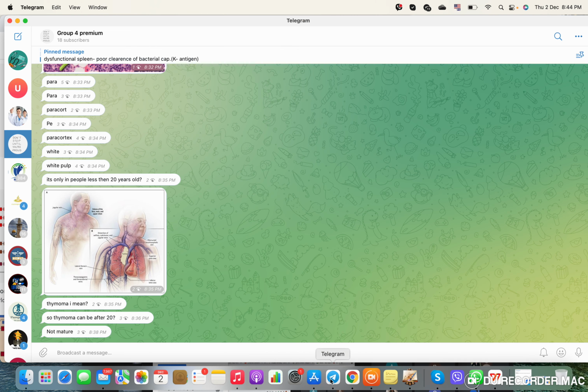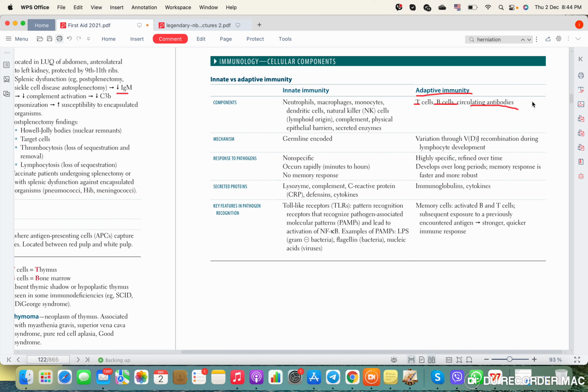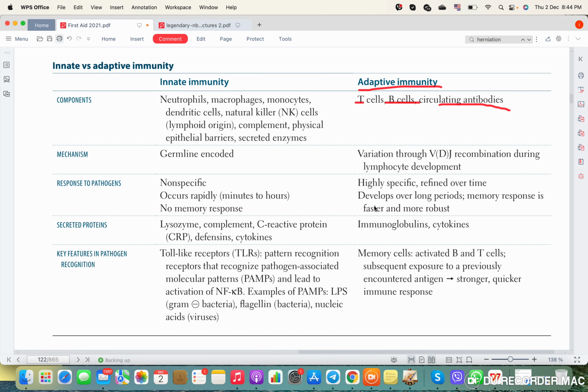But to make it short, you need to know that this process occurs differently in each one of us, according to which microorganism we are exposed to. This adaptive immunity is highly specific, and it's refined over time to fit exactly your need.